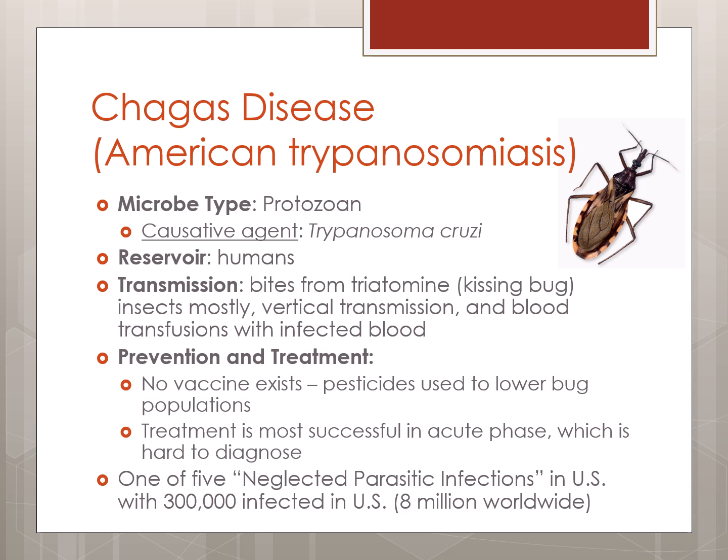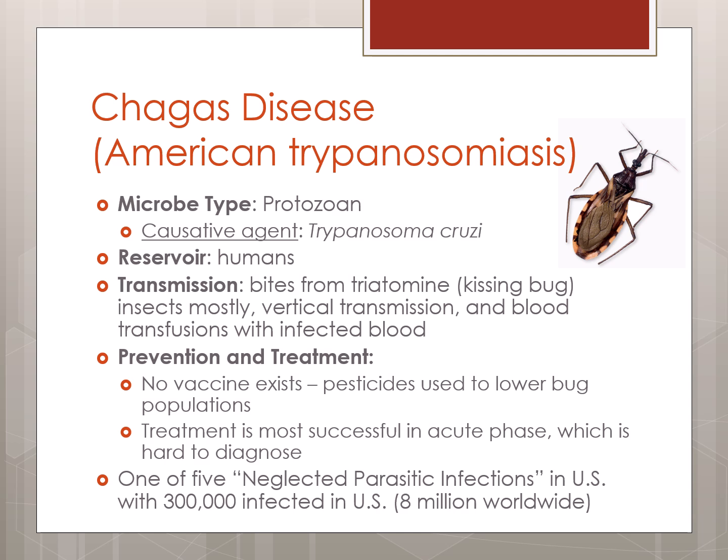Now, we can see transmission through blood transfusions with infected blood as well, but typically we're going to see that vector transmission. Prevention and treatment, there is no vaccine that exists. However, lower bug populations through pesticides.